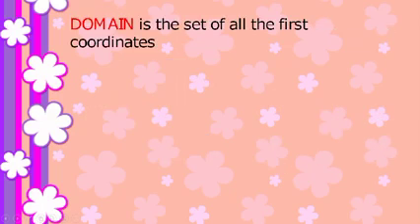Also, last week, we discussed the linear function, the function and relation. Wherein, nag-introduce na ako sa inyo about the domain. When we say domain, that is the set of all the first coordinates or x values.